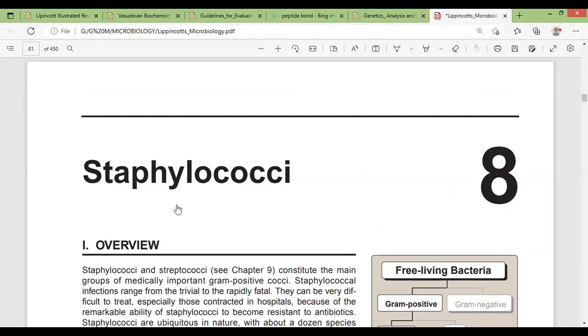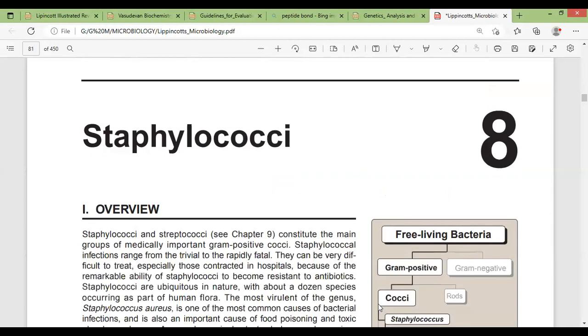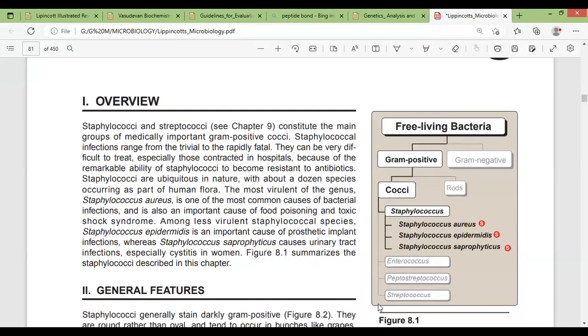So staphylococci, right? Staphylococci, the most common one we know is Staph aureus. Then the other one we have is Staph epidermidis, and the last one we have is Staphylococcus saprophyticus. It causes UTI, right?